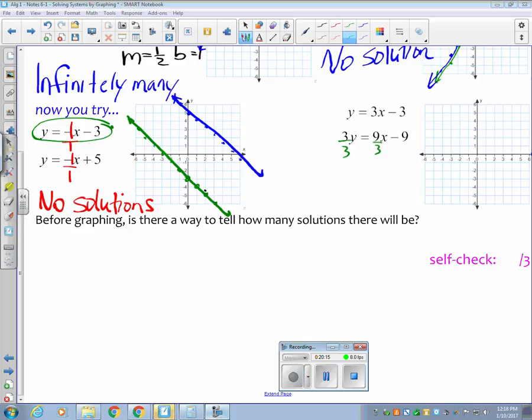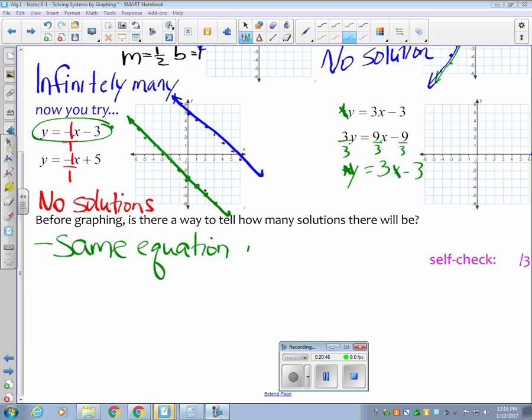For this second line, we have to solve for y in order to get it on the graph. So 9 over 3 is the same as 3. So that second line is y equals 3x minus 3. If you look at the equation for the two lines, when we have the same equation, it's going to be infinitely many solutions.